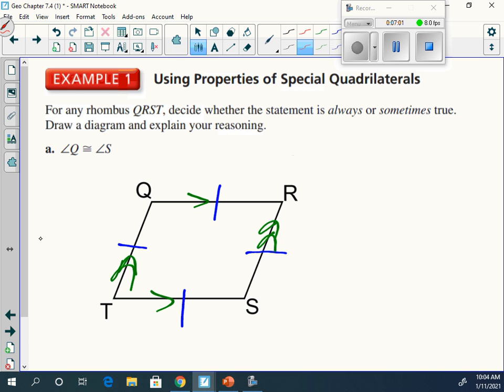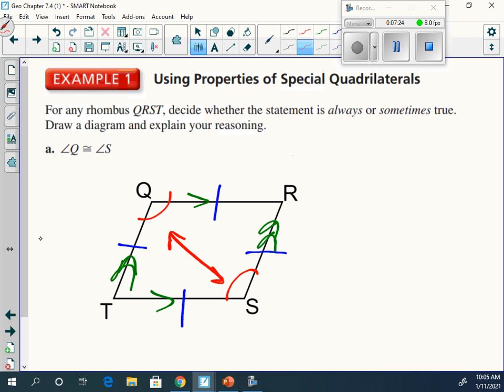Now the question is, will angle Q and angle S be congruent? Is this going to be always true or sometimes true? Because these two angles are opposite angles, yes? Opposite angles in a parallelogram are what?